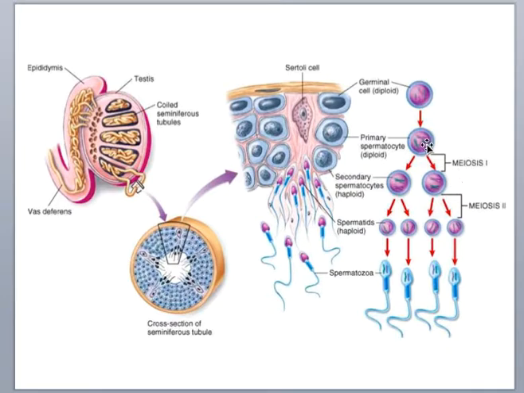The result of meiosis 1 is that we have two secondary spermatocytes. Although it says it's haploid, it now has half the number of chromosomes, but they have identical copies of those, if that makes sense.